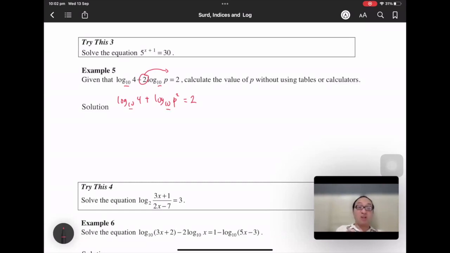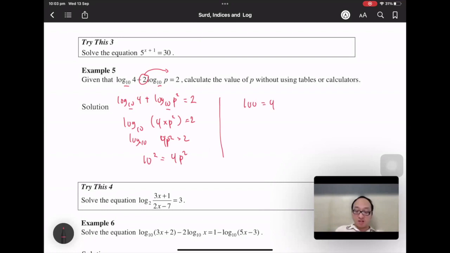Now we can combine. It's log 10 4 times p squared equals 2. So that means it's log 10 4p squared equals 2. And using the definition, we can make it 10 to the power of 2 equals 4p squared. So 100 equals 4p squared. So p squared equals 25 and p equals plus minus 5.